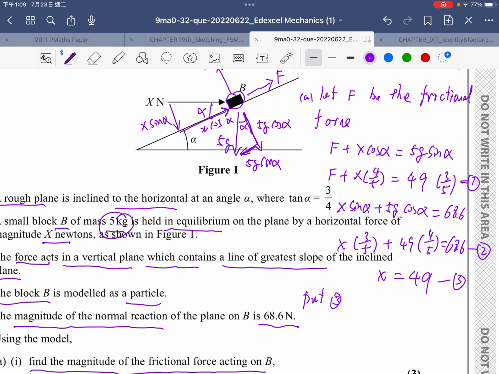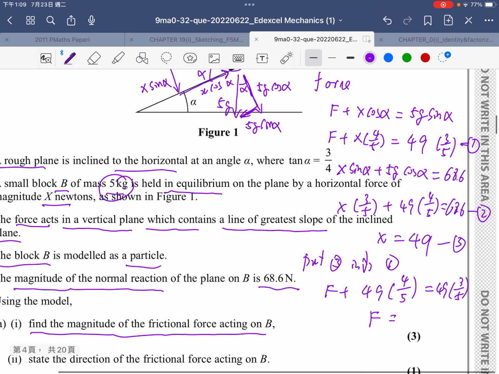Put 3 into 1. We have F plus 49 times 4 over 5 equal to 49 times 3 over 5. F is equal to minus 9.8 Newton.